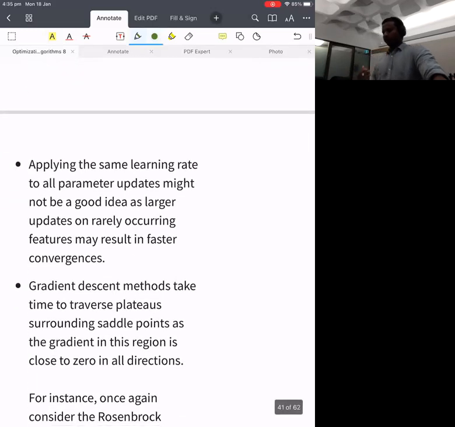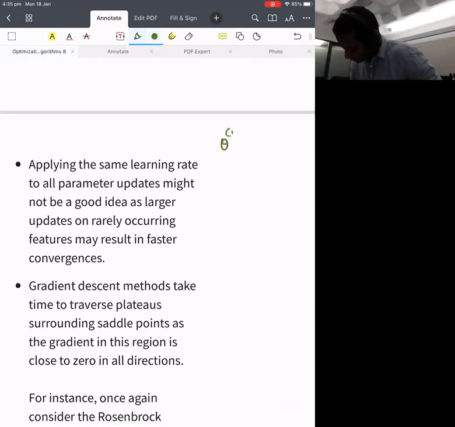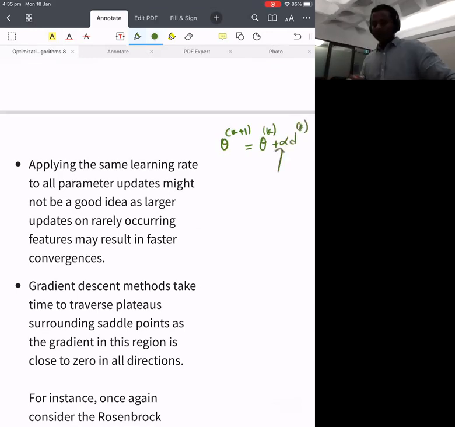And one more important thing is that in all of these we have this kind of update, theta k plus alpha dk. Whatever the direction, we are using the same parameter alpha. It's a scalar for all coordinates.